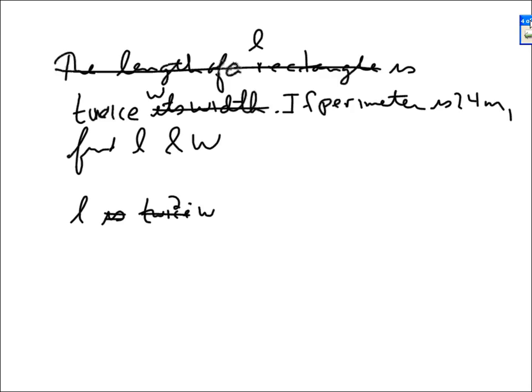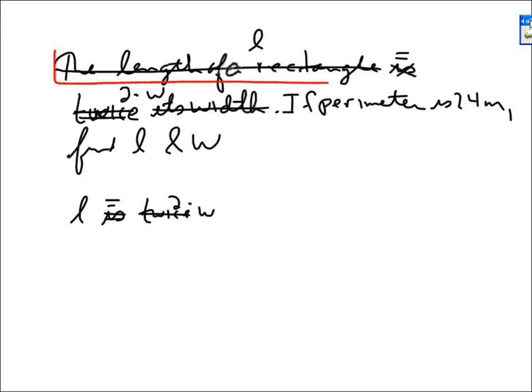And is means equal. L is 2 times W. The word is means equal. And twice means 2 times. You need to know your vocabulary and not panic.